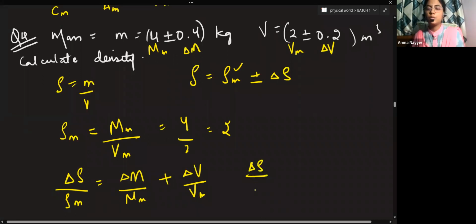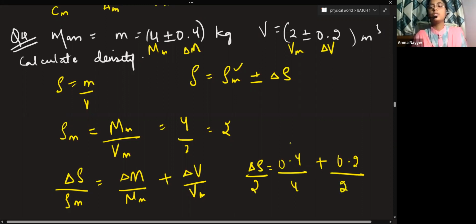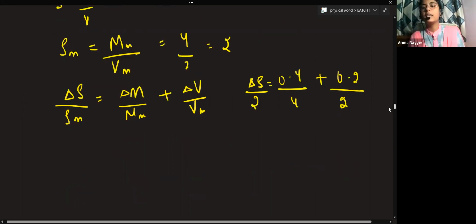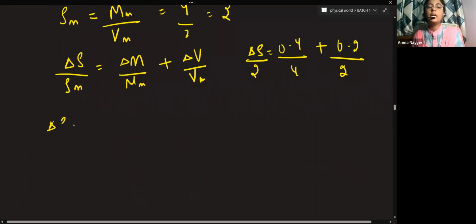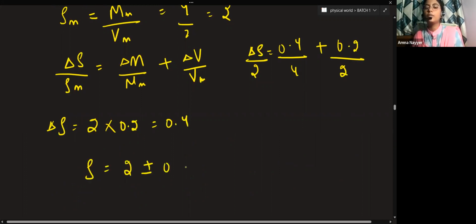Rho m is 2, delta m is 0.4, mm is 4, plus delta V is 0.2 and Vm is 2. So this is 0.1 plus 0.1, that is 0.2. So delta rho is 2 multiplied by 0.2, that gives 0.4. So rho will be what? 2 plus minus 0.4 kg per meter cube.